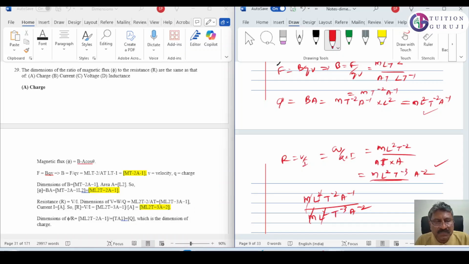Then A⁻¹ and A⁻². A⁻² goes up, it is A⁺². And −1 plus 2 is plus 1. Then T⁻³ and T⁻². We will get T into A, which is nothing but charge. So the answer is charge.